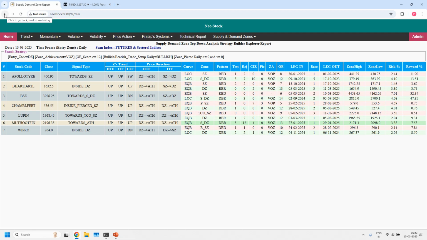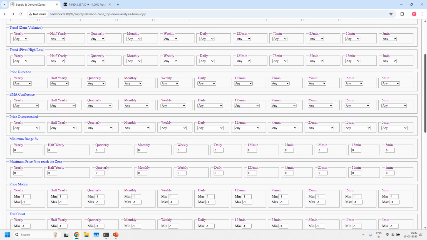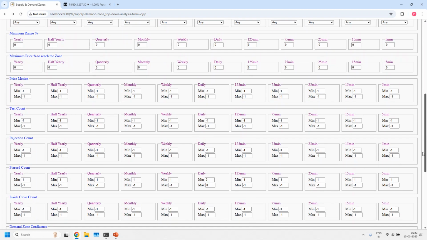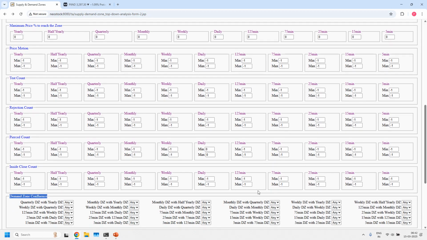So that's why I am going to this strategy builder. The earlier filters we selected are already there on the screen. So I am going down until I find the demand zone confluence parameter. In this demand zone confluence, I am selecting daily demand zone confluence with weekly demand zone.